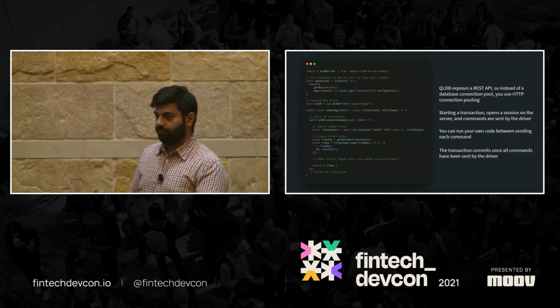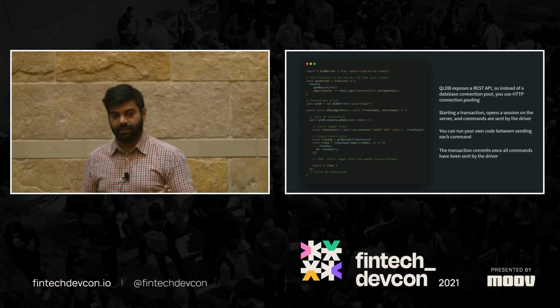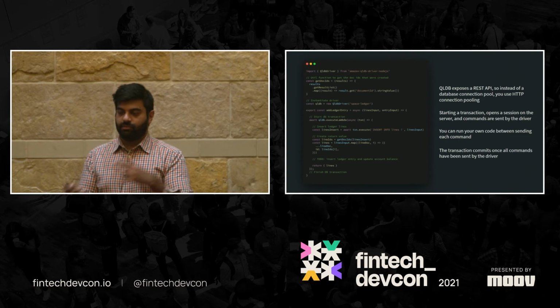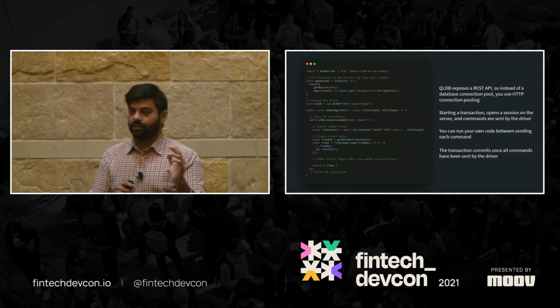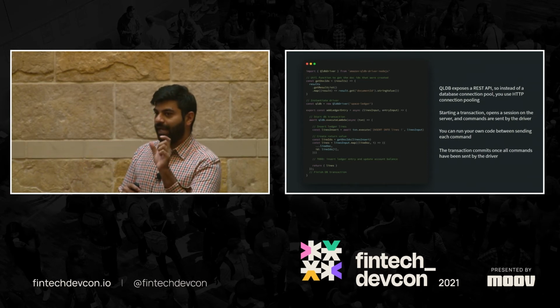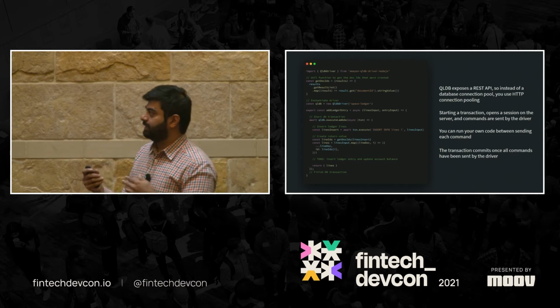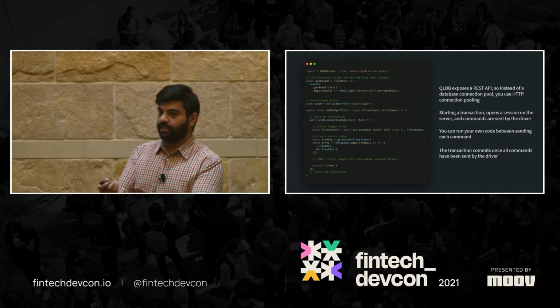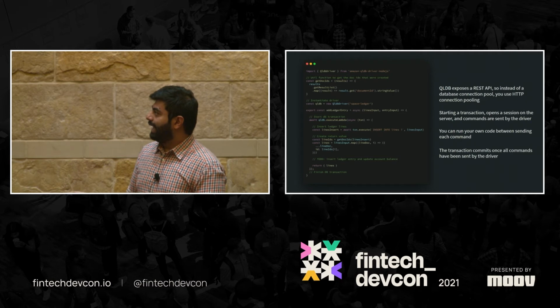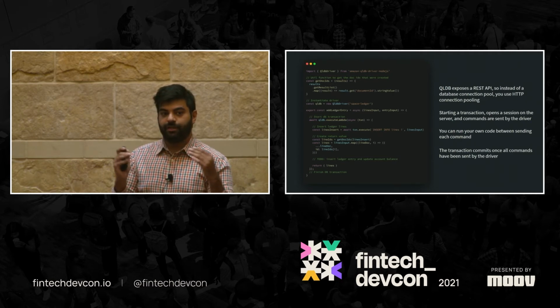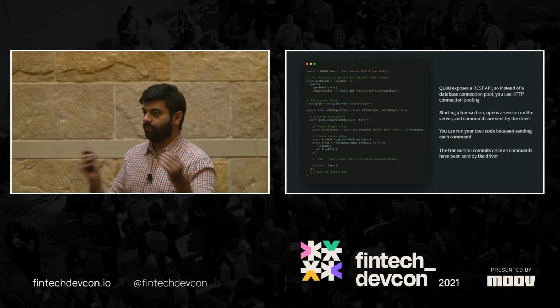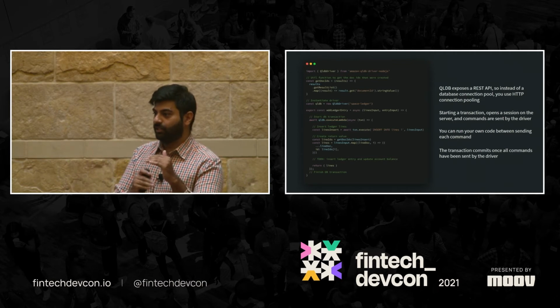QLDB itself, the raw API is a REST API. And that API is not what you'd expect, in that you don't just send it a query. It has the idea that you can start a transaction, and every read and write to QLDB is inside a transaction.